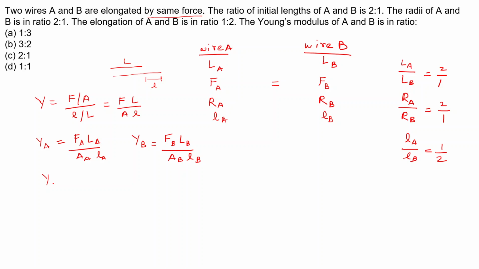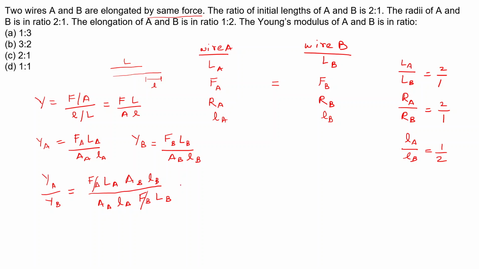So when I take this ratio, which is what we have been asked in the question, it will become FA LA divided by AA lA, over FB LB divided by AB lB. As given, the force is the same, so we can cancel it.